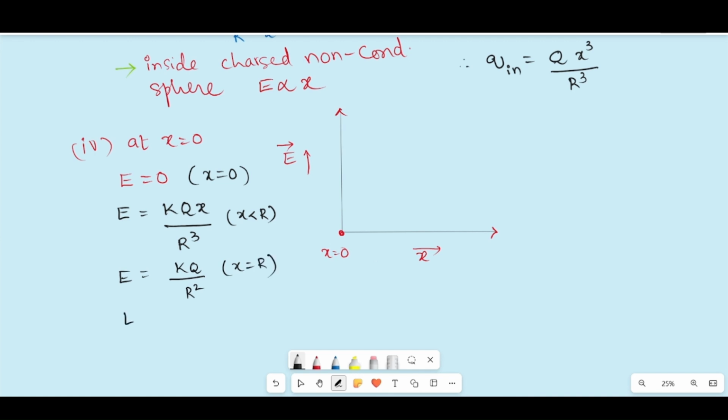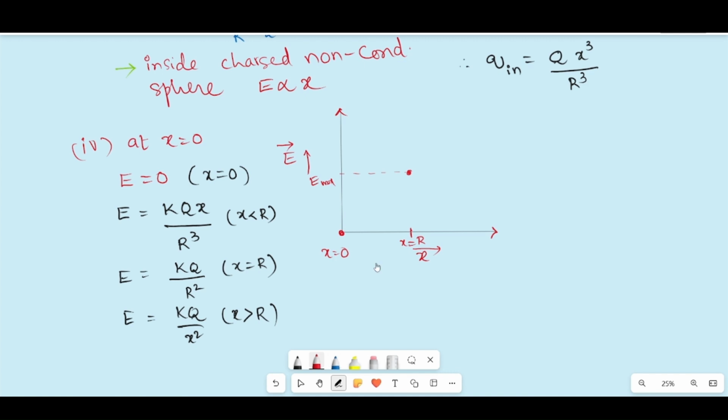The fourth equation is kq by x square when x is greater than r. For these four cases, we will draw the graph. At x equal to 0, at origin, this is 0, and somewhere here we take x is equal to r. If you observe all four equations, at x equal to r it is maximum.